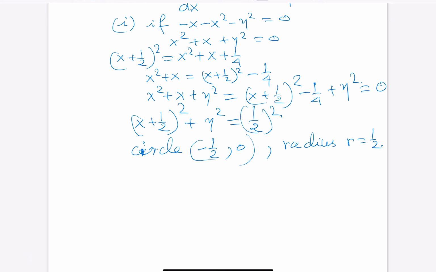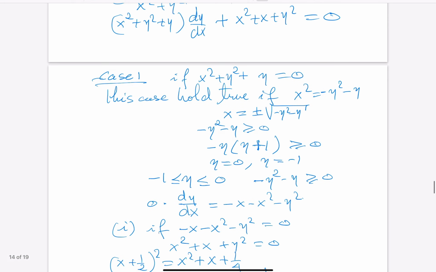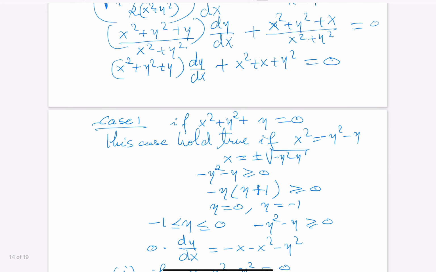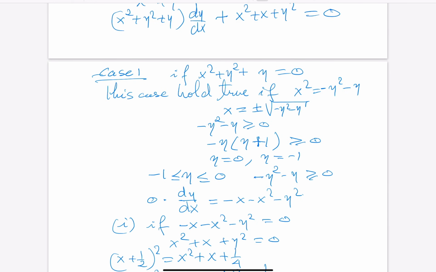So the second one is when this one equals 0. The second one is when x squared plus y squared plus y, this one, equals 0 here.